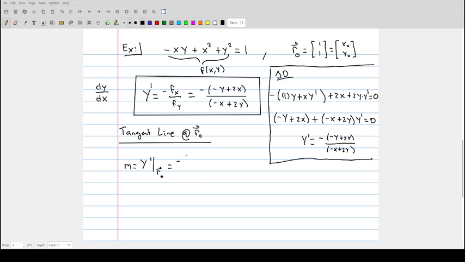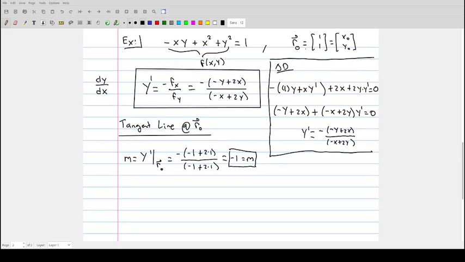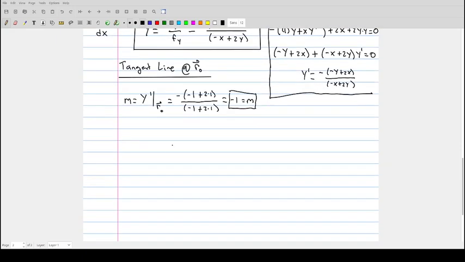This is going to be equal to negative 1 plus 2 times 1 over negative 1 plus 2 times 1, which is just equal to negative 1.